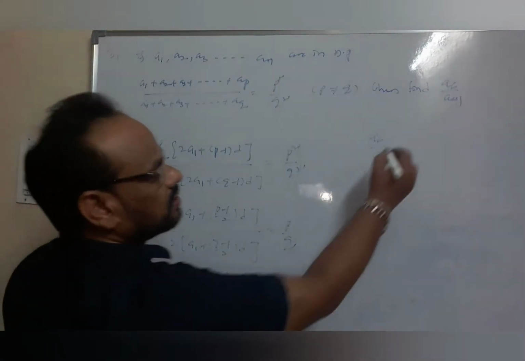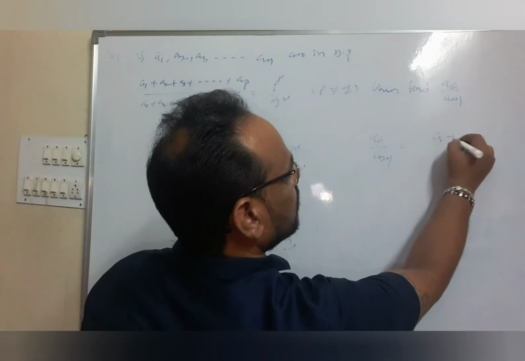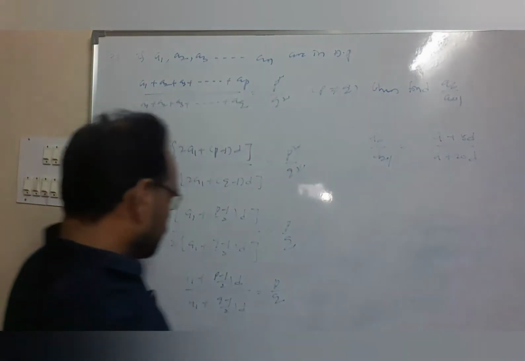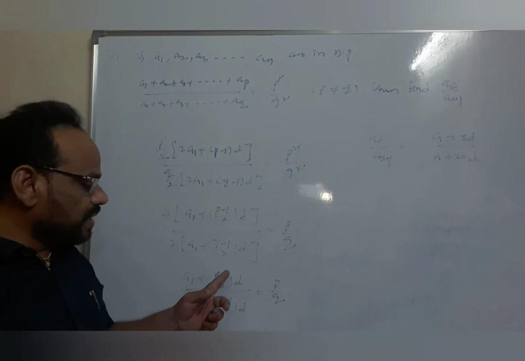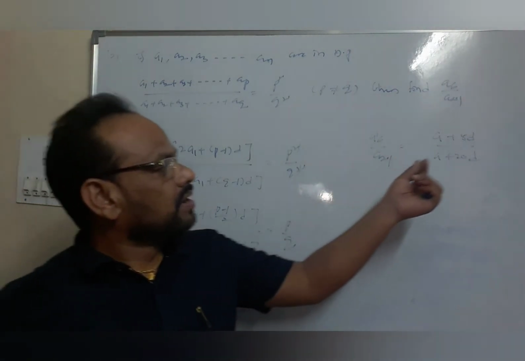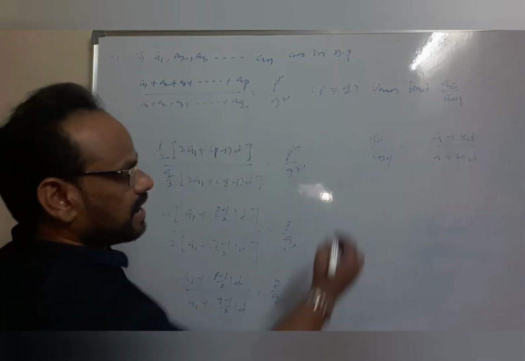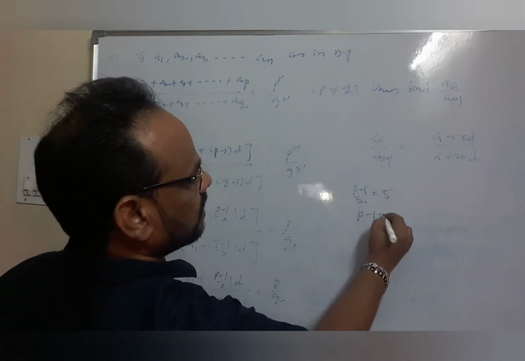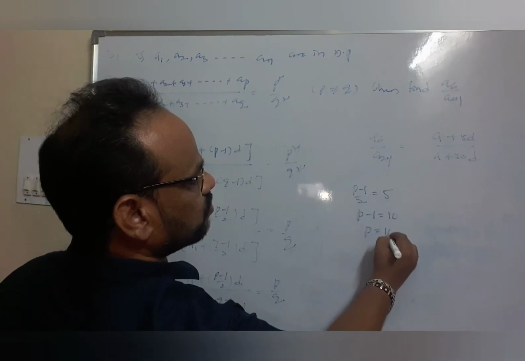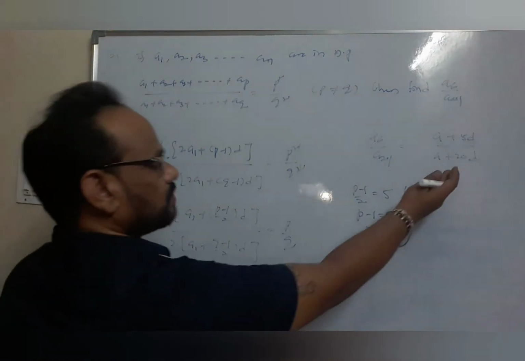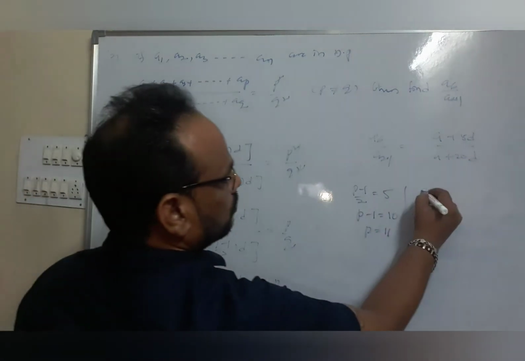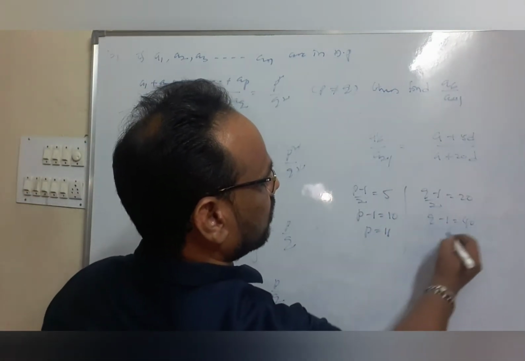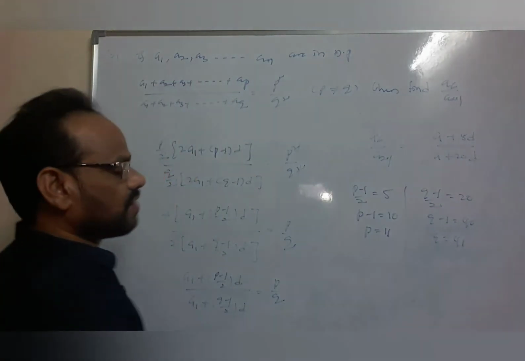Compare here: a6 means a plus 5d, a21 means a plus 20d. So a1 plus (p minus 1) by 2, compare with 5: (p minus 1) by 2 is equal to 5, p minus 1 is equal to 10, p is equal to 11. Comparing the other term, (q minus 1) by 2 is equal to 20, q minus 1 is equal to 40, q is equal to 41.